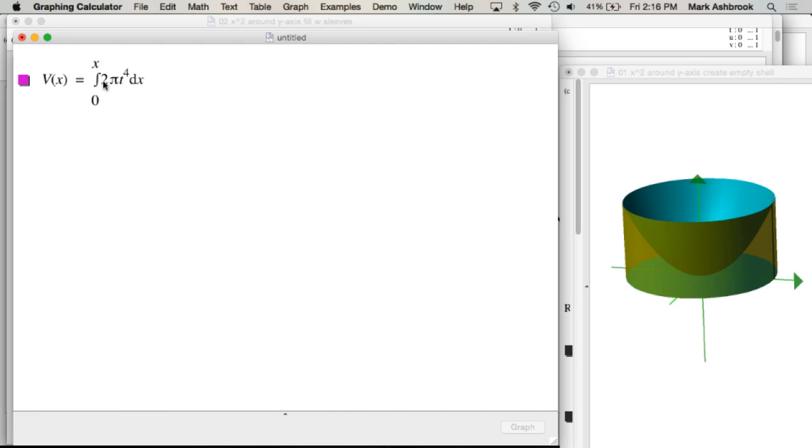Is that what we came up with? Is that accurate? Okay, so we've defined that function, and now if we want the volume of the finished product when the current value of x is 1, we can just put in V of 1. There it is, 1.25664. That's the volume of that filled empty shell.